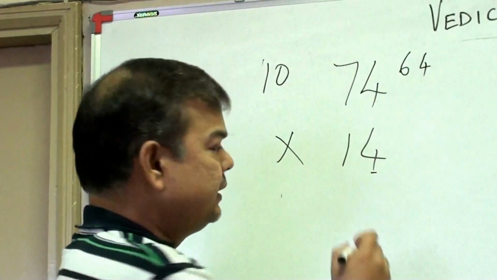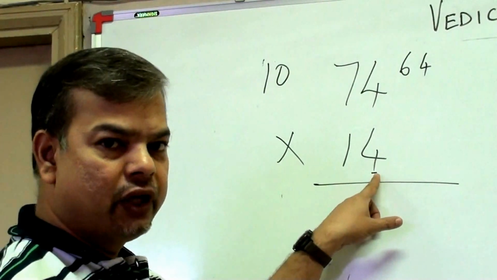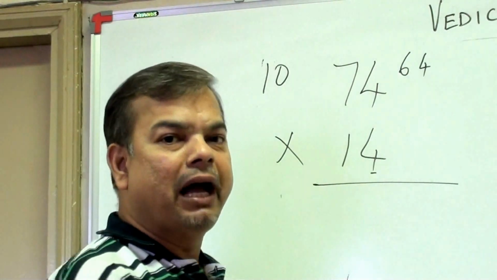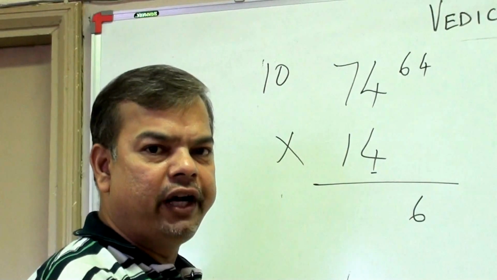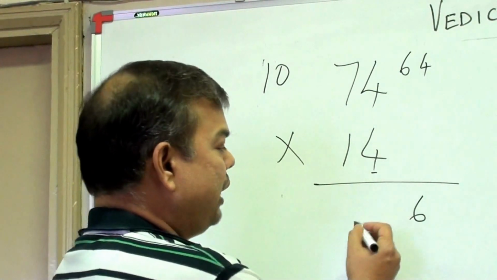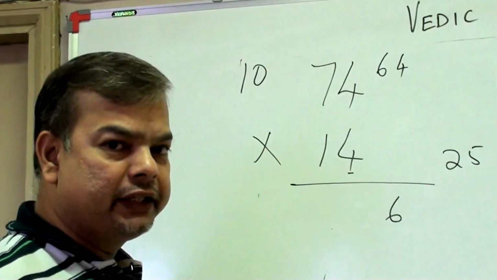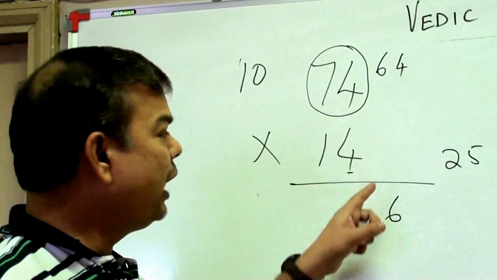Now in this case, I know that I always multiply the unit number. Now in this case I will multiply 4 with this 64. So my answer is 4 4s are 16, carry over 1, 4 6s are 24 and 1, 25. So I will write 25 as carried over. Now my multiplication is over. Now I will take 74 and in this 74 I will add 4.